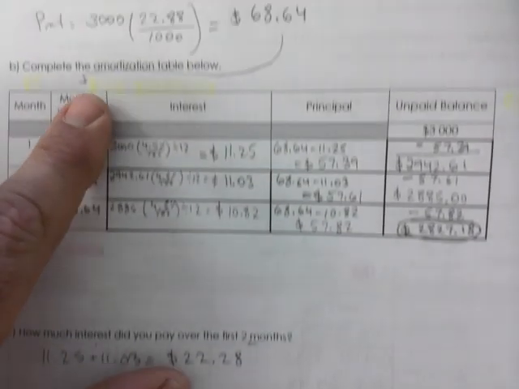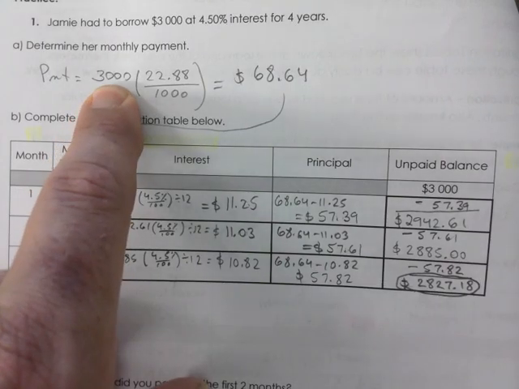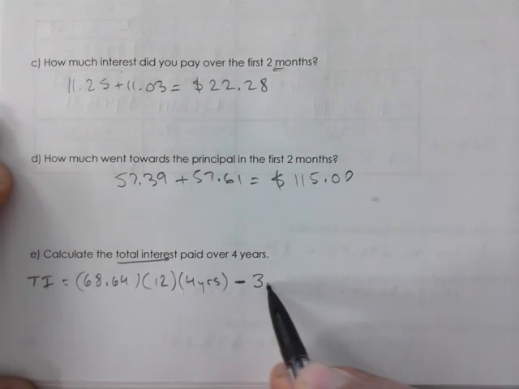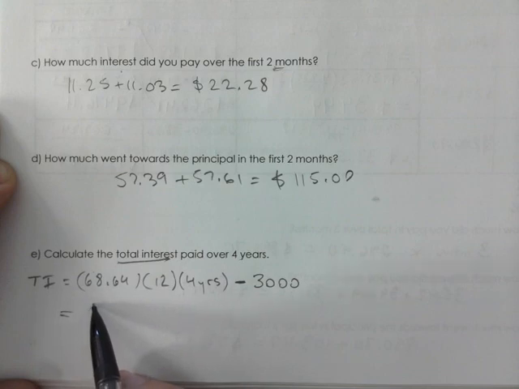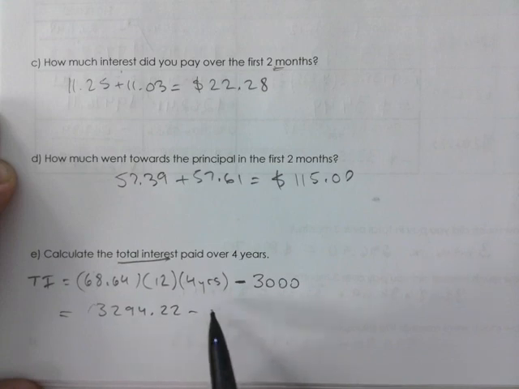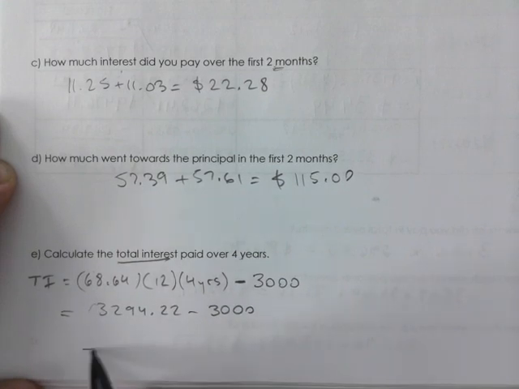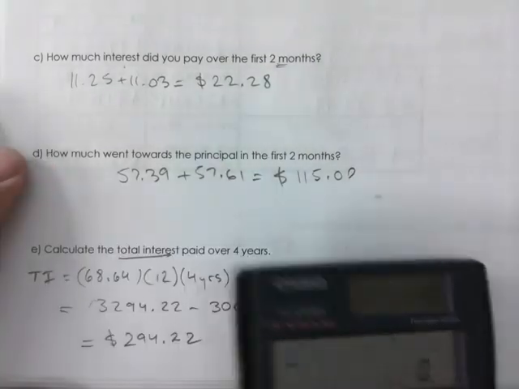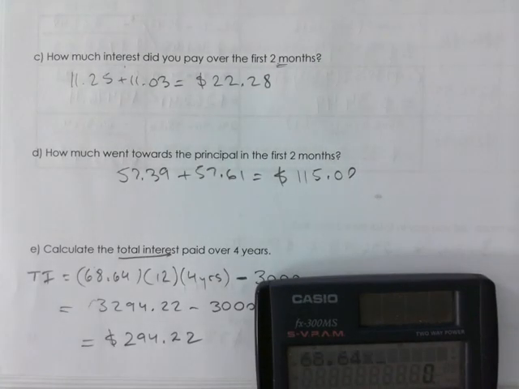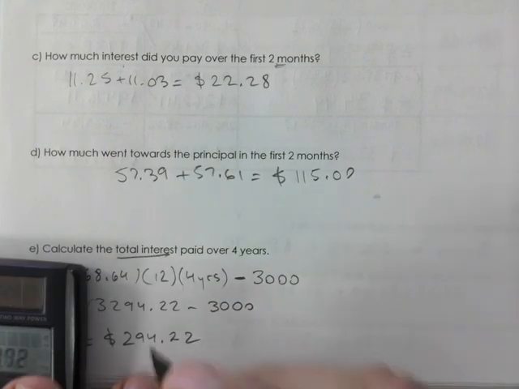Whatever you used in front of that payment formula, 3,000. I don't want you to forget about this one. This is going to give you the total interest paid. So this is 3294.22 minus 3,000, and that ends up being 294.22. Is it 72 or 22? Sorry guys, I need to check this. I can't read my own writing. It's 72, sorry.